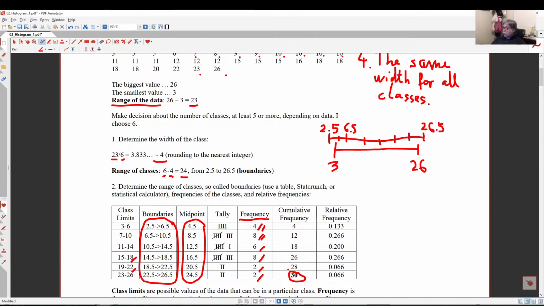When you divide 4 by 30, the end result is approximately 13.3%, but the 3 keeps on repeating. So the next class would have the relative frequency of 26.7%, and how did I get that? By dividing 8 by 30.